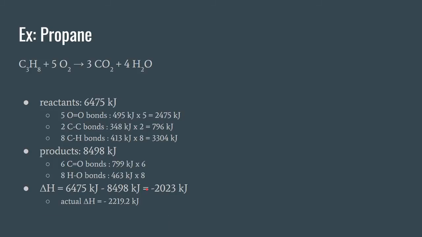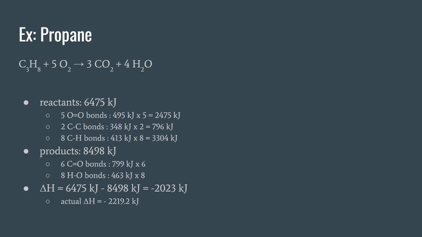The actual enthalpy of reaction for propane is negative 2219.2 kilojoules per mole. So it's not the worst thing in the world, negative 2,000 versus negative 2,200. But the fact is, that's about 200 kilojoules per mole. 200 kilojoules per mole is 5 times what it takes to boil water. This is not insignificant.